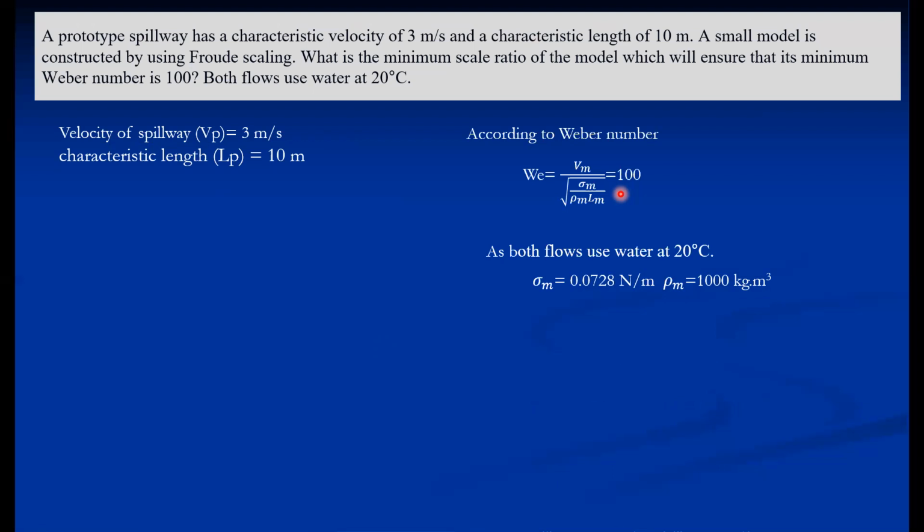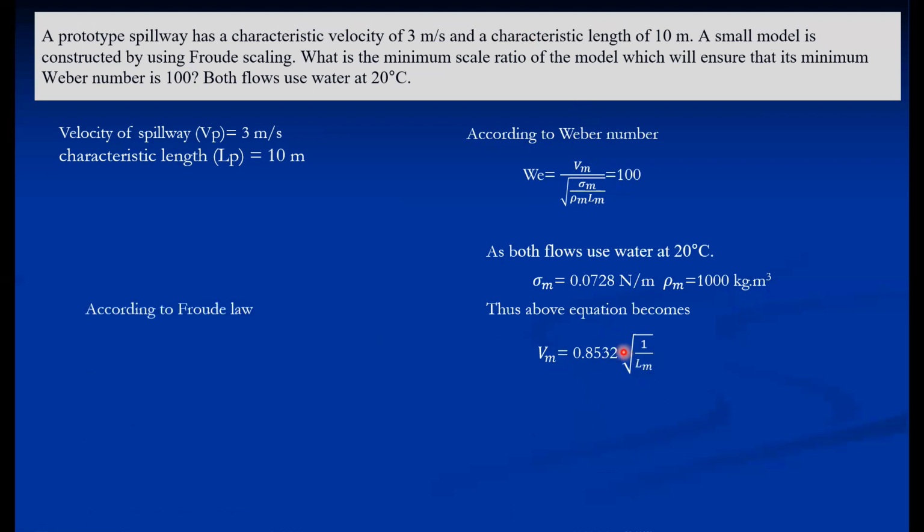That is sigma is 0.0728 Newton per meter, and density is 1000 kg per meter cube. By putting these values in this equation, Vm and Lm are unknown. So the above equation becomes Vm in terms of Lm.